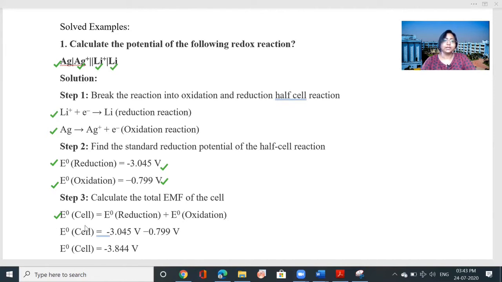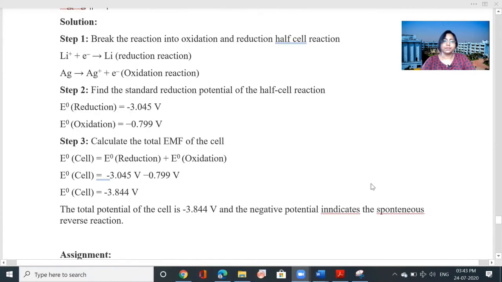E cell is equal to E reduction plus E oxidation. We can write the values and we get the result. In this way we can calculate for the total cell.